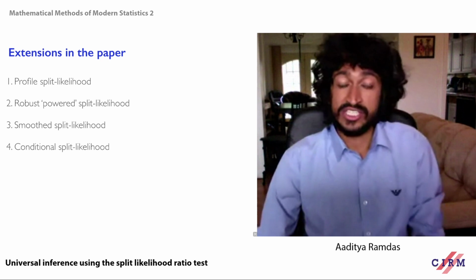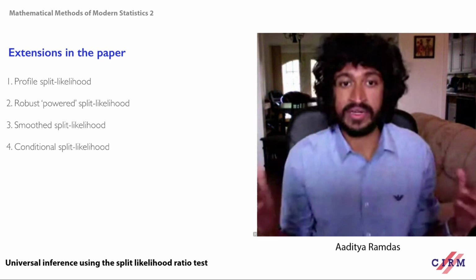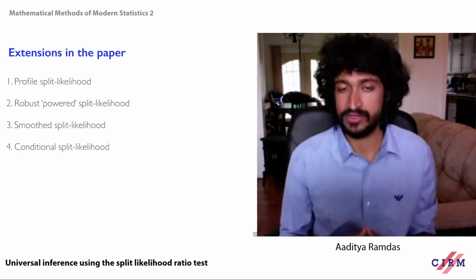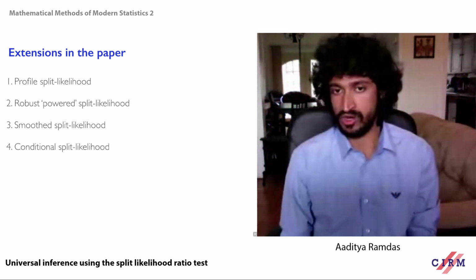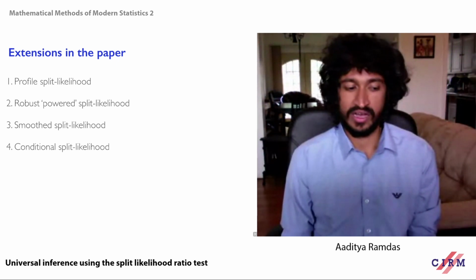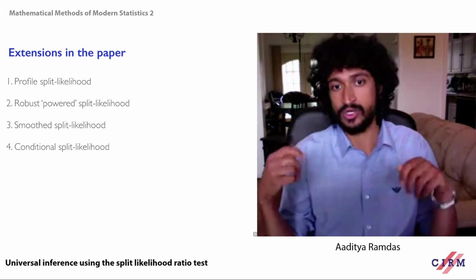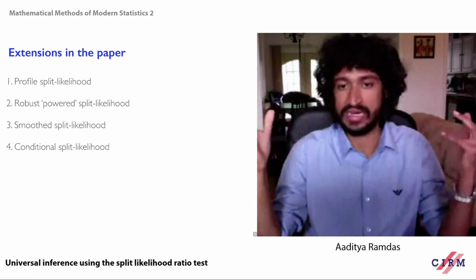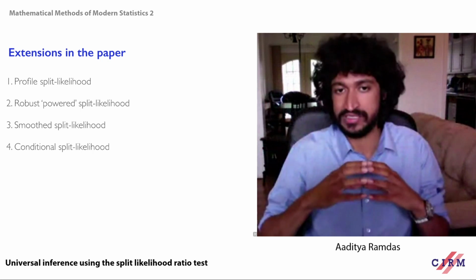There are some other extensions that we point out in the paper. If there are nuisance parameters, there's a version of this that uses a profile split likelihood. If you have somewhat less belief in your likelihood itself, in the Bayesian community, people have shown that raising the likelihood to some power less than 1, sometimes called the powered likelihood approach, adds some robustness to these Bayesian procedures.